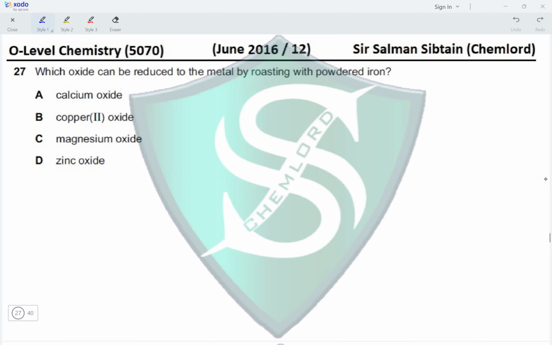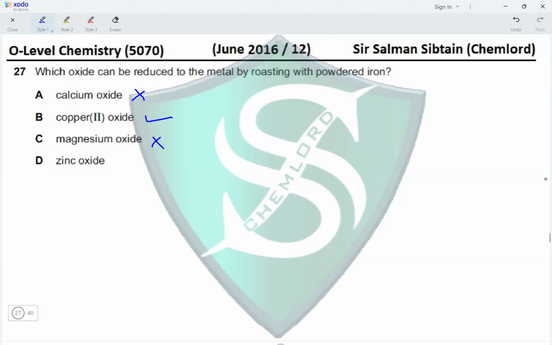Copper is less reactive than iron. Iron will take the place of copper. So the metal that needs to be replaced by iron must be less reactive than iron. Calcium is more reactive than iron, so iron will not displace calcium. Copper is less reactive than iron, therefore iron will displace copper. Magnesium is more reactive than iron, so it will not get displaced by iron.